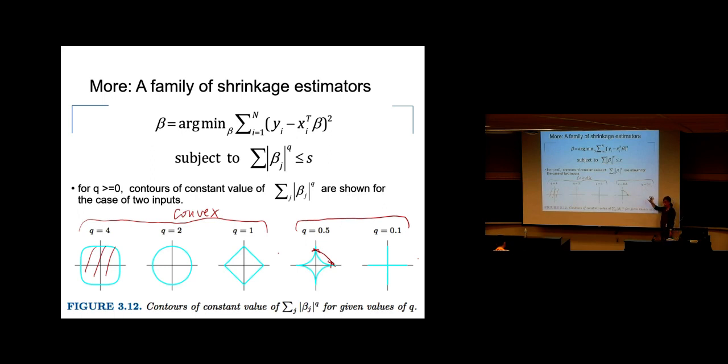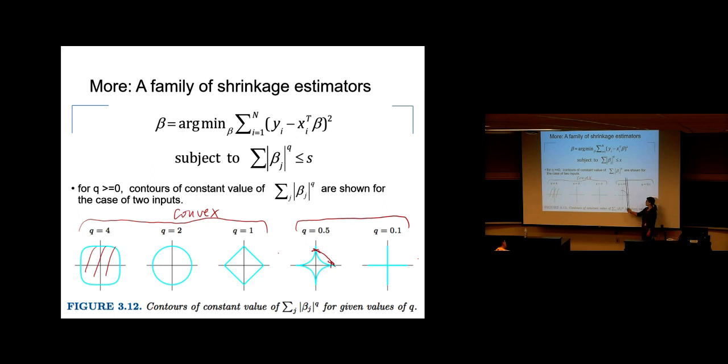So again, this is the contour map of the norm function. Whoever is in those blue regions shares the same Q norm, which is in this case the 0.1 norm. The reason is that when Q is smaller than 1, the norm function is not convex anymore, which is an extremely undesired property, because when it's non-convex, it's very difficult to optimize and to guarantee the convergence properties.